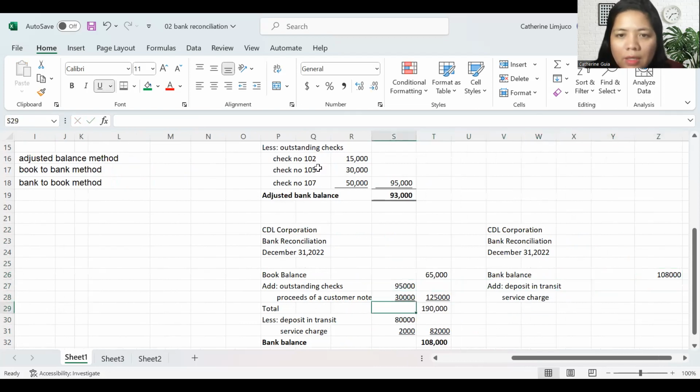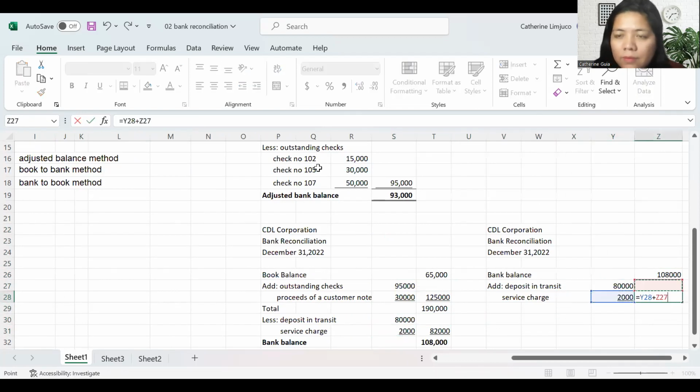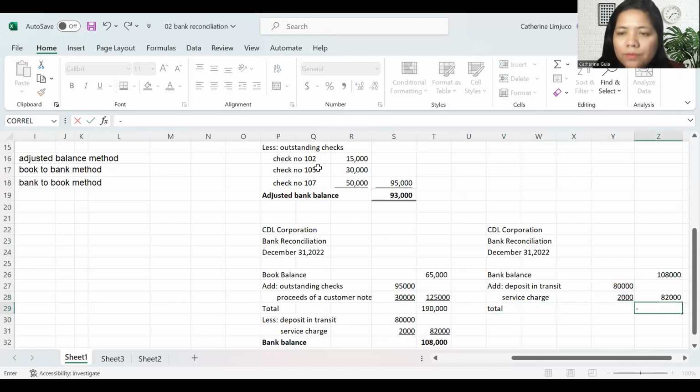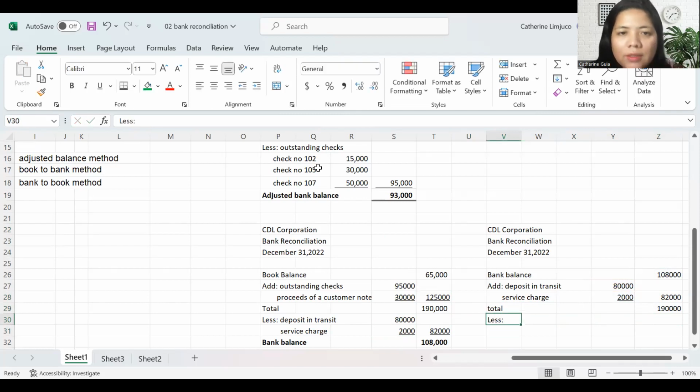So we have here 82,000. Total. And then we will deduct our outstanding checks. Less outstanding checks, 95,30,000.